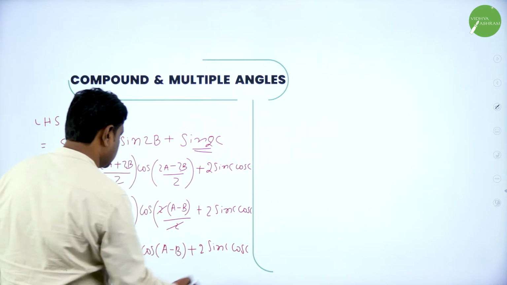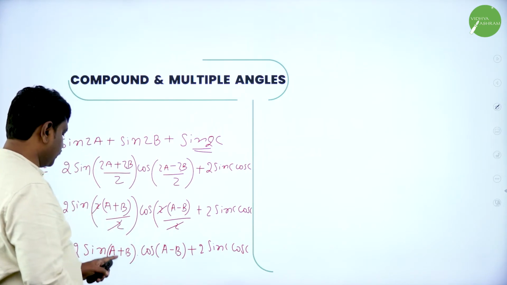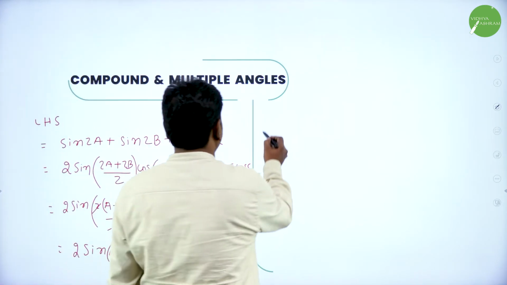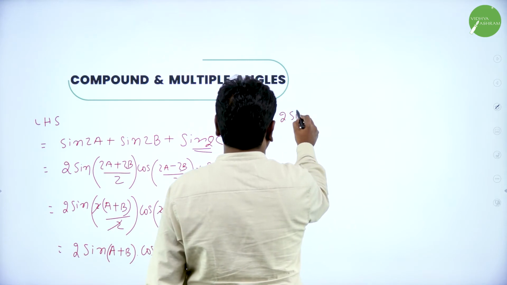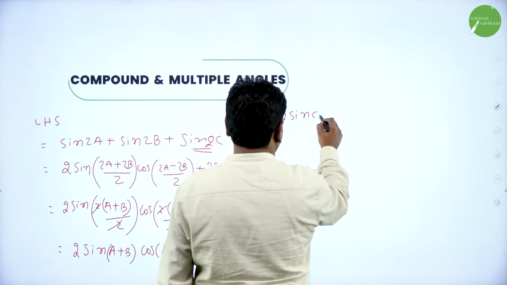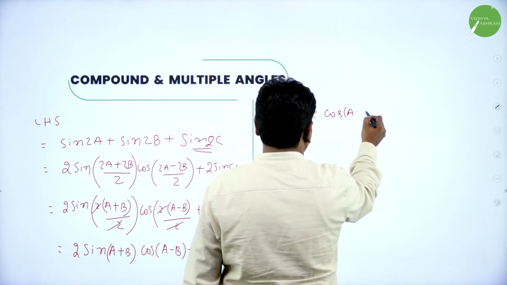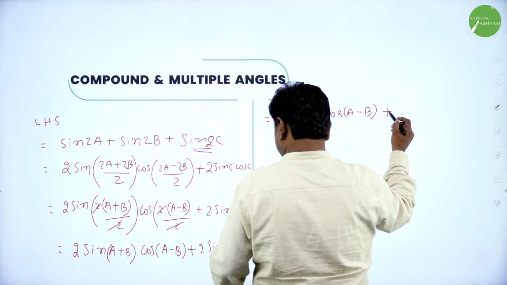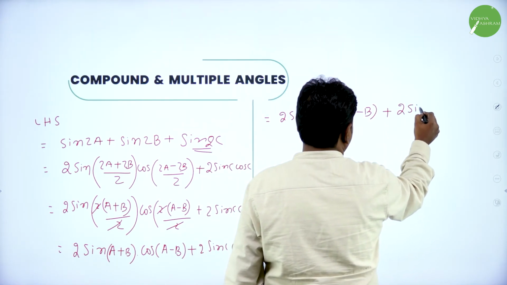Dear students, here we have c, but here we have a plus b. But you know that sin of a plus b can be written as sin c. So instead of sin of a plus b, I will write sin c. Cos of a minus b will be as it is, plus 2 sin c cos c.